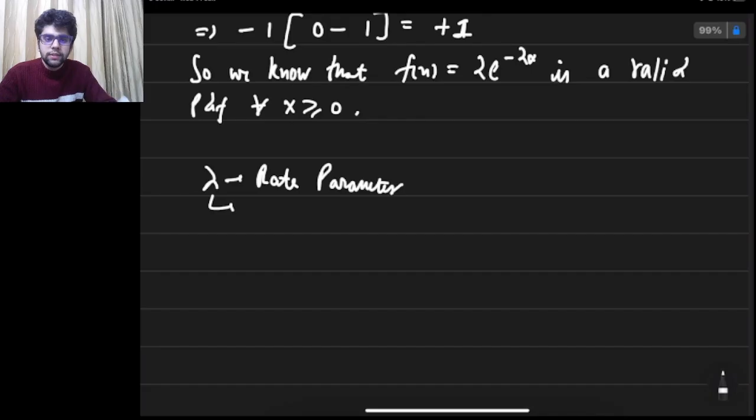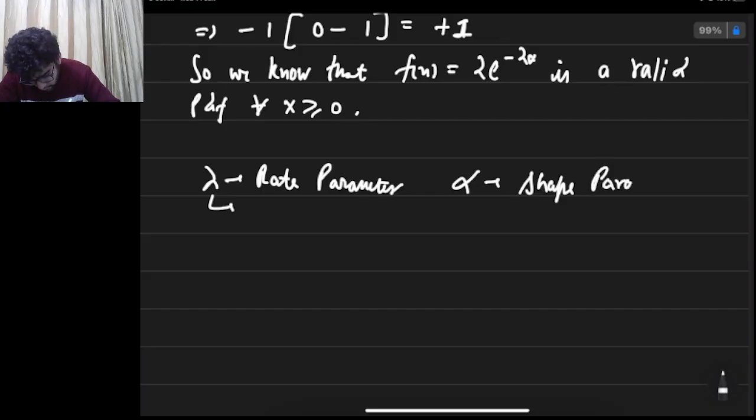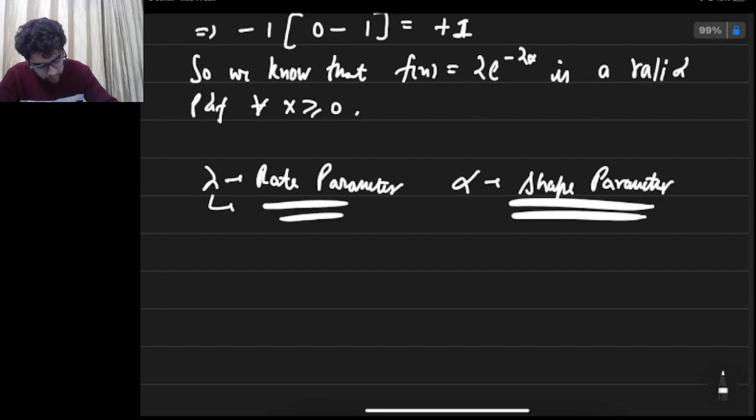This, which was also present in the gamma distribution video, was the shape parameter. But here we don't need to encounter this, so I don't need to write it, but just for your revision I am writing this again, that this is the shape parameter and this was the rate parameter. In exponential distributions, we are only concerned with the rate parameter.